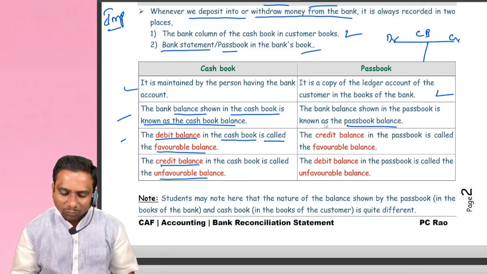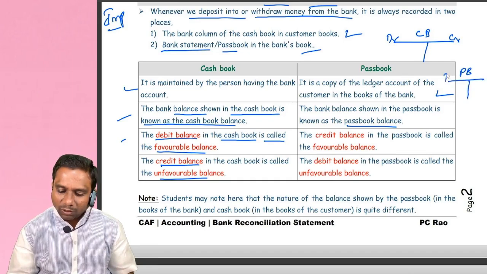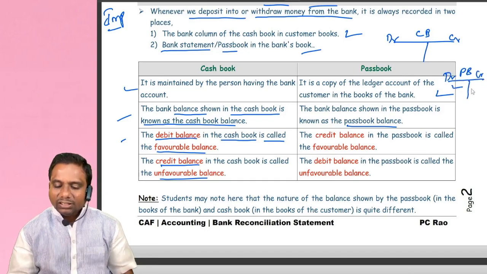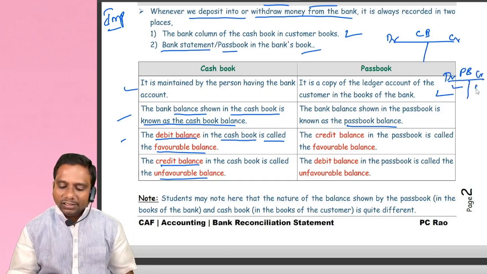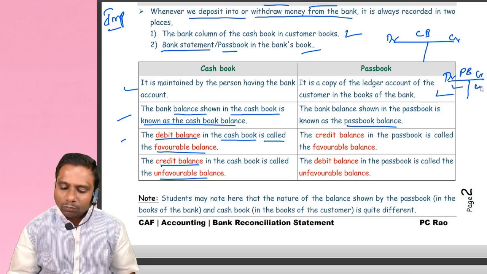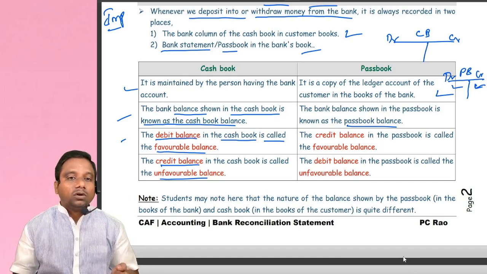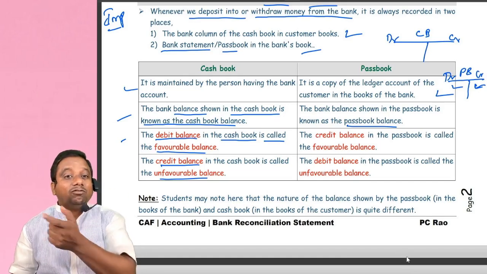The same if you observe in the passbook. Let us say for the time being the passbook is also in T-shape format, debit and credit. On the debit side we write withdrawals. On the credit side we write receipts, deposits. So if deposits are more, then the credit side is more than the debit side, and it is a favorable balance.